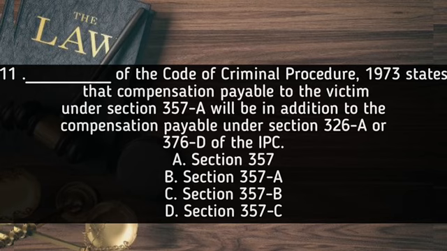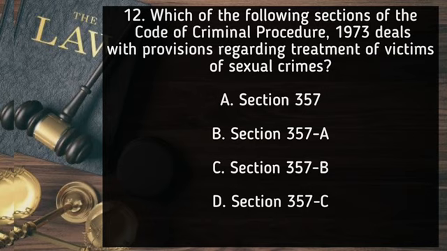And options are section 357, section 357A, section 357B, or section 357C. And our answer is option C, section 357B.